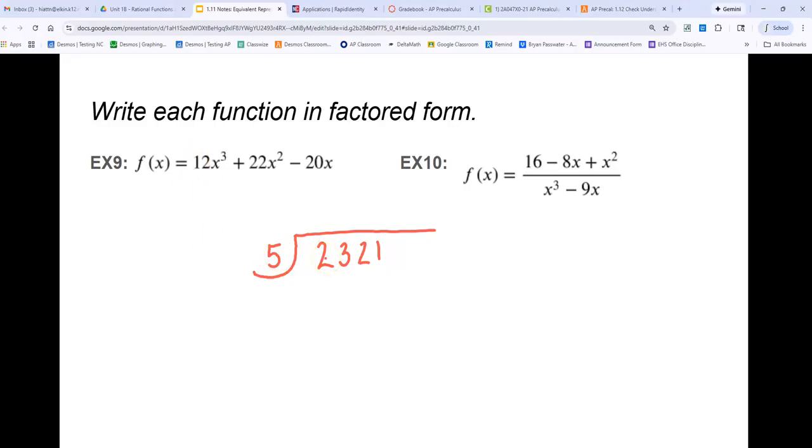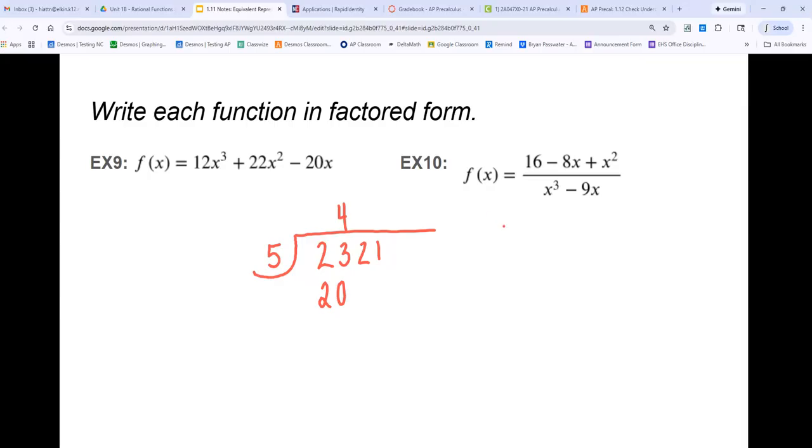No, it does not. So then you go over another digit. Does 5 go into 23? Yes. So what's the closest we can get to 23? Multiplying by 4, right? So we'll have a 4 right here. Then we do 4 times 5 gives us 20. We write that down below.